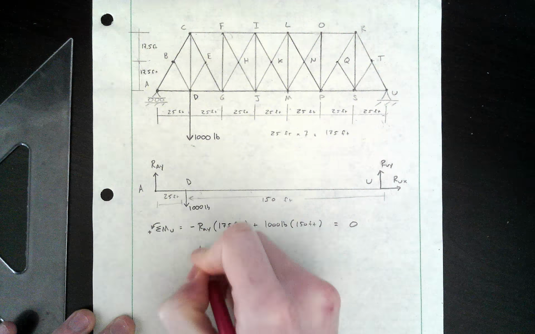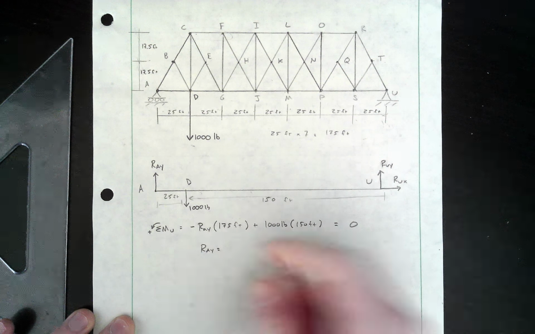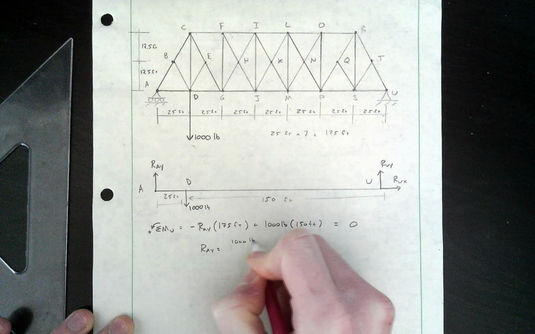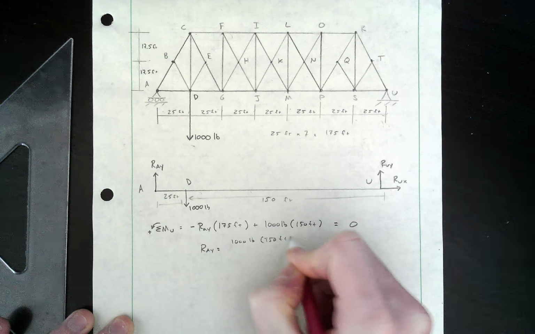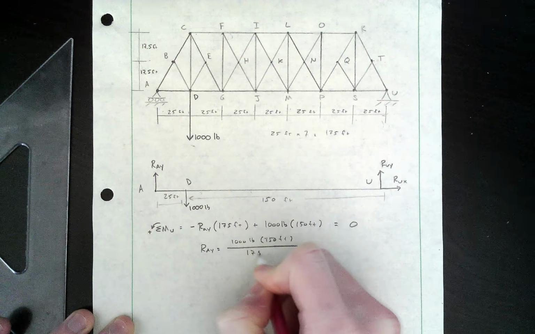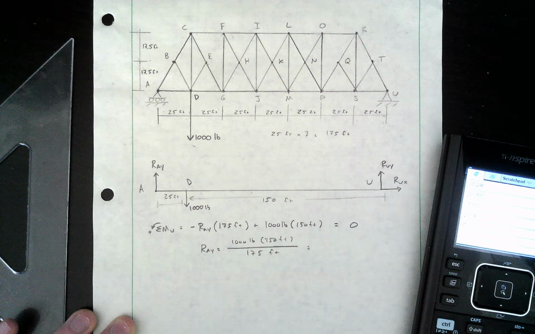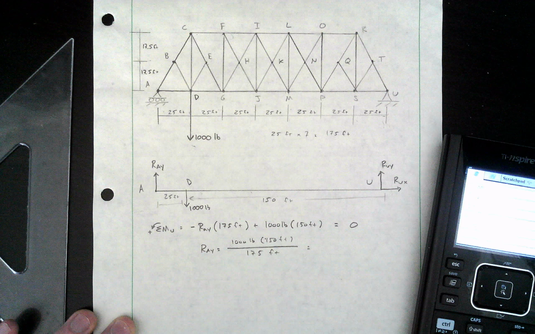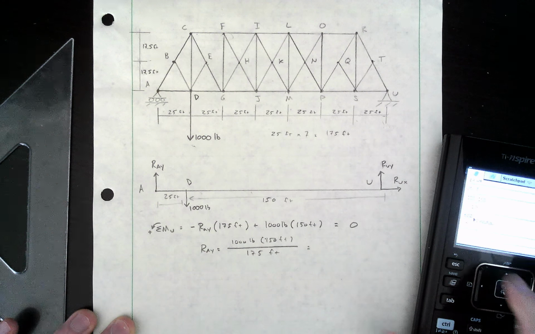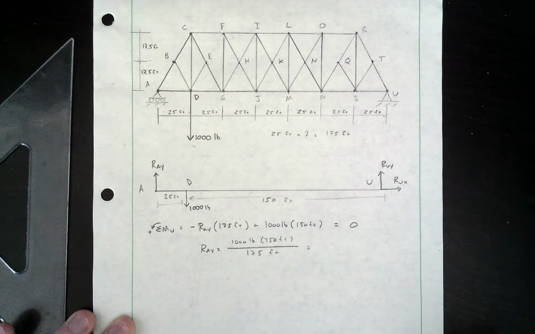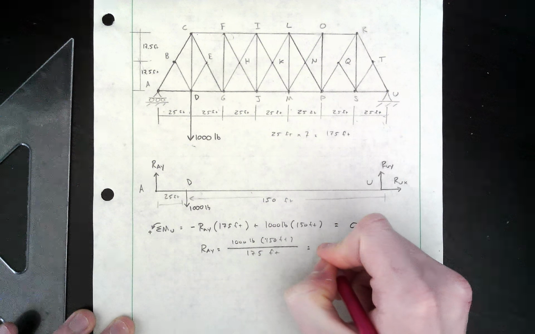And if we solve for RAY, we get 1,000 pounds times 150 feet divided by 175 feet. And if we put that into our calculator, we get 85.71 pounds.